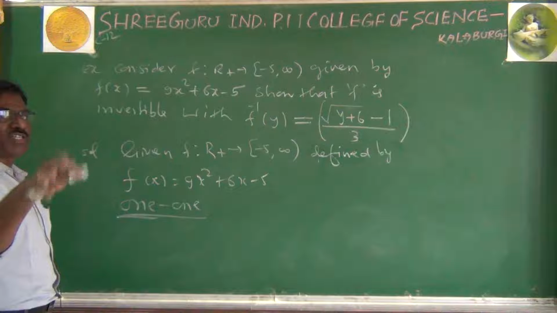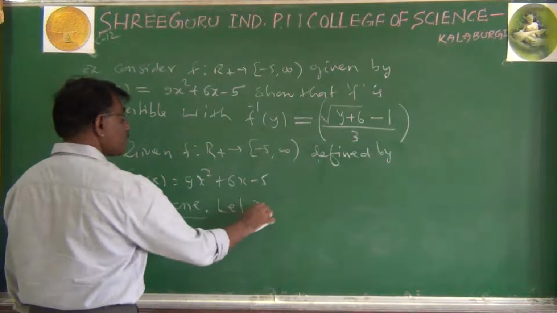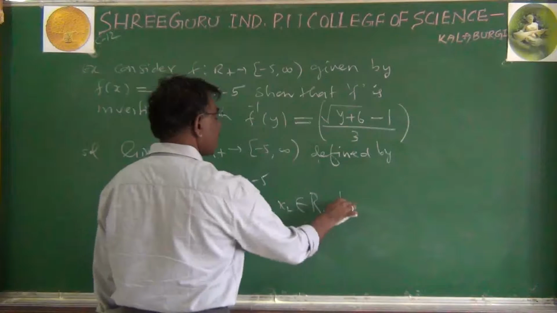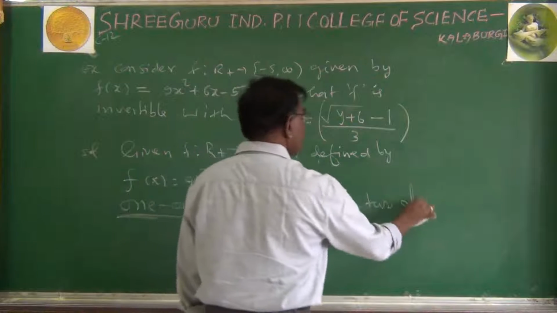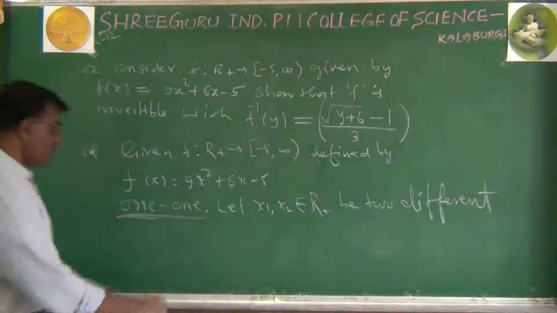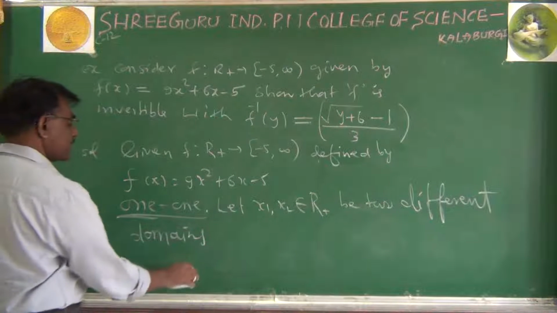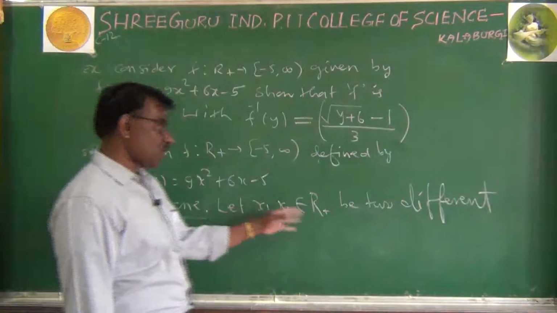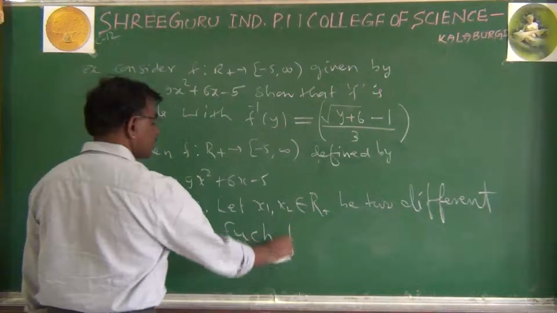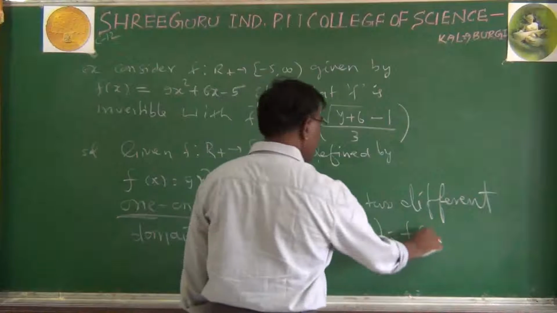When you say invertible, the function f is one-one. Let x1, x2 belong to R plus, two different elements of the domain, such that f of x1 equals f of x2.